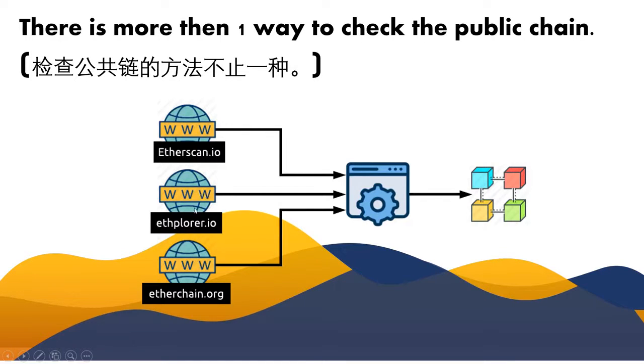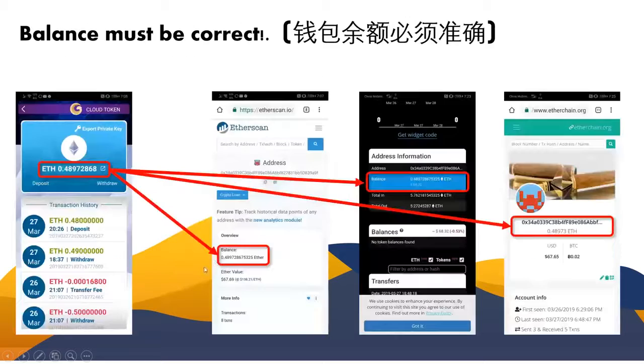Let's use Etherscan as an example. Etherscan reads from the public blockchain and displays the actual data. The same goes for ETH Explorer and Etherchain.